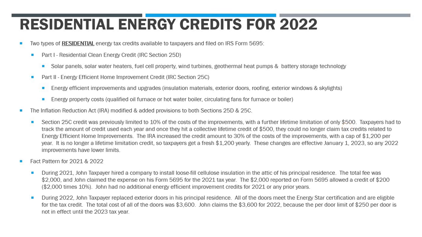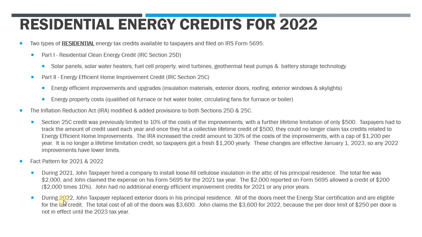Okay, so let's have a look at our fact pattern here. I'm going to run through the whole fact pattern first, and then we will go look at the actual forms, so we can see how these should have been completed. During 2021, so last year, John hired a company to install some loose fill cellulose insulation in his attic, and this is his principal residence.